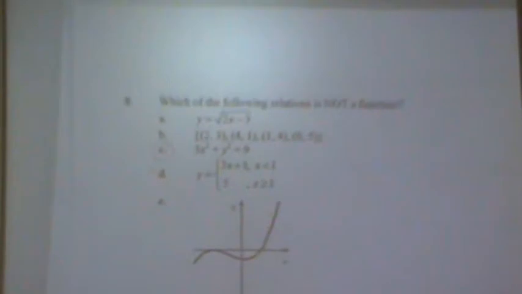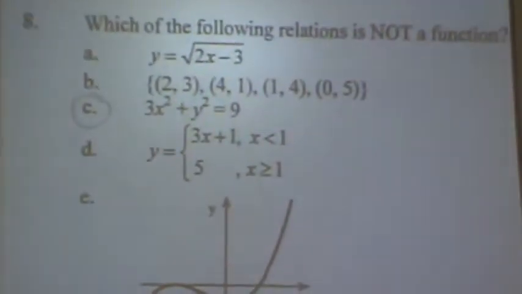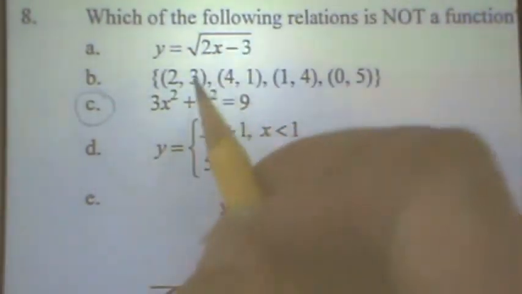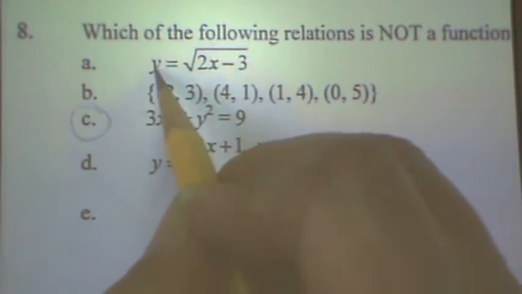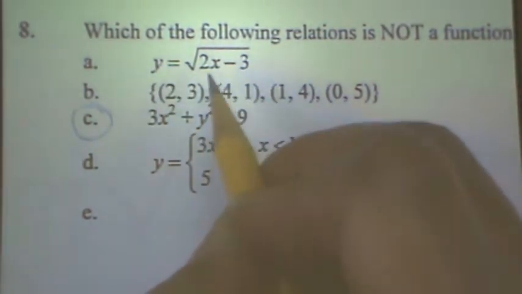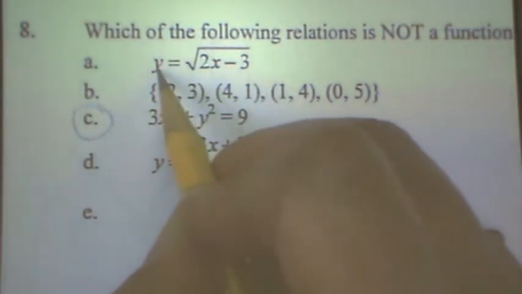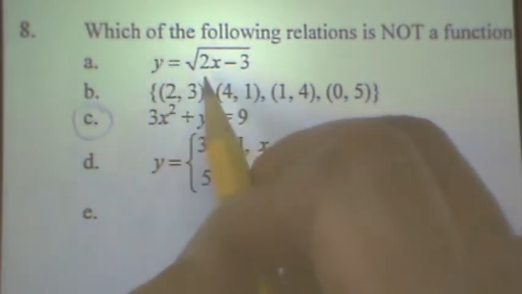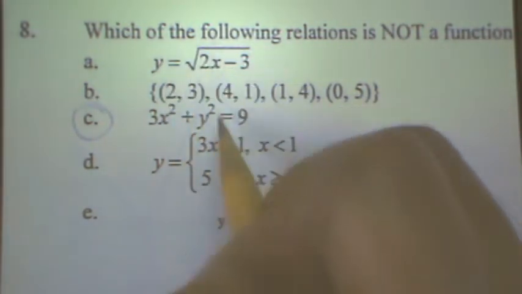Okay? Now, number 8. How do you determine what would not be a function? Well, what you're going to do is solve your equation for y, and if it's an odd power, you're not going to have plus or minus.